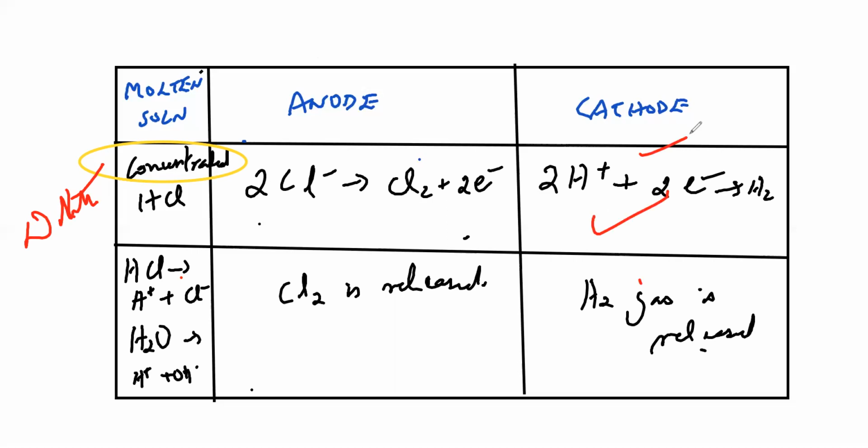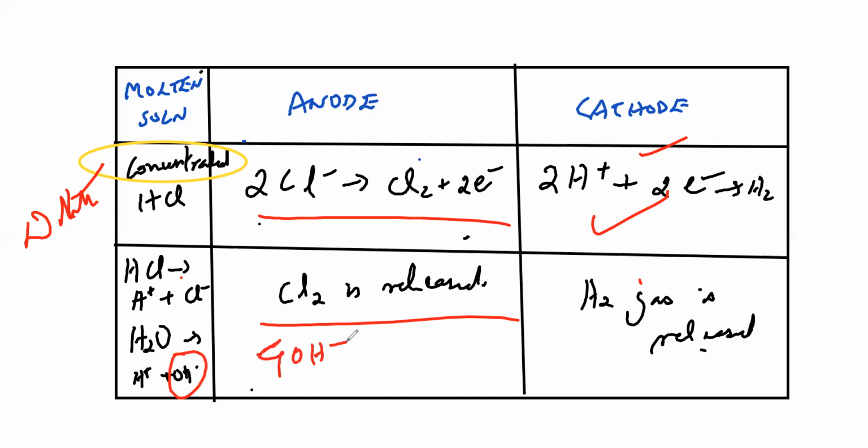But at the anode, instead of chlorine, oxygen will be produced because OH minus will be used. 4OH minus will give oxygen plus water plus 4e minus. You will learn these things in detail in redox reactions in class 11.